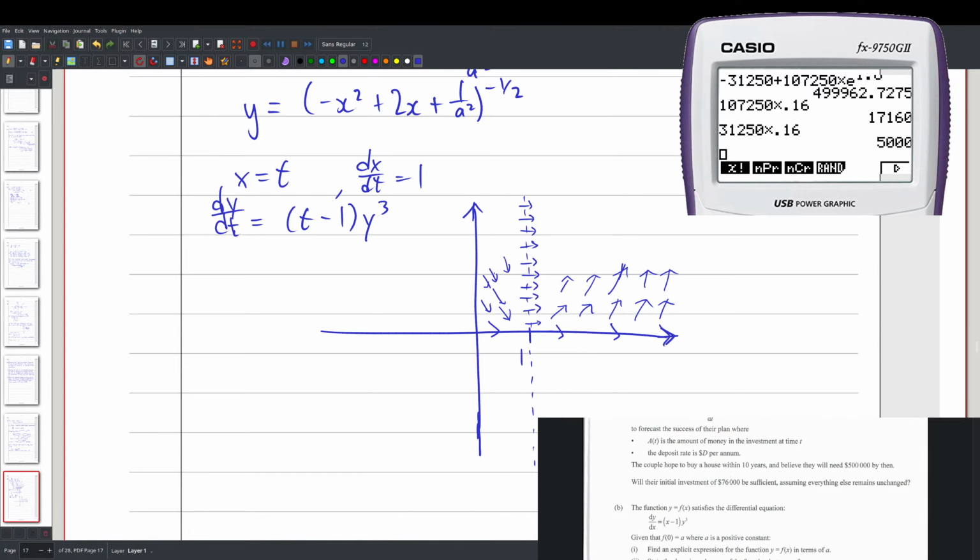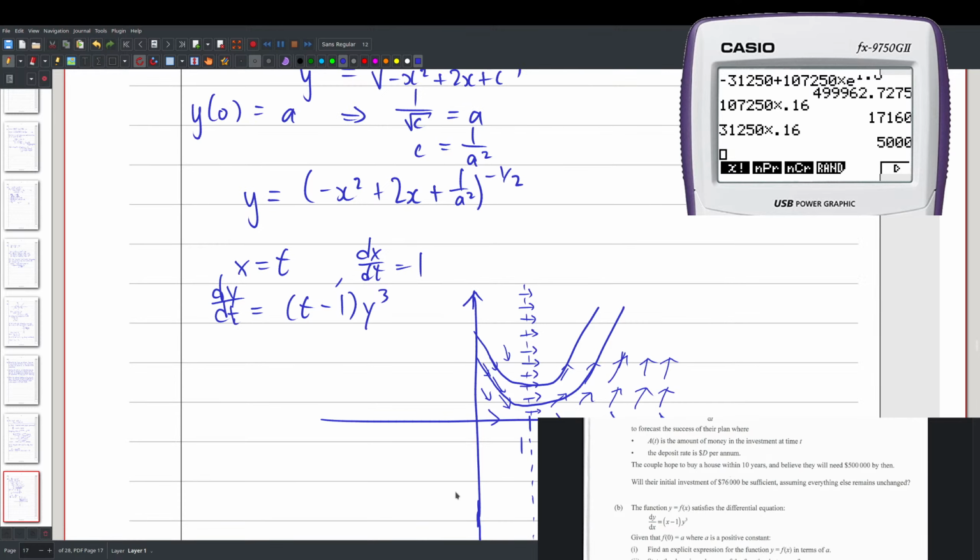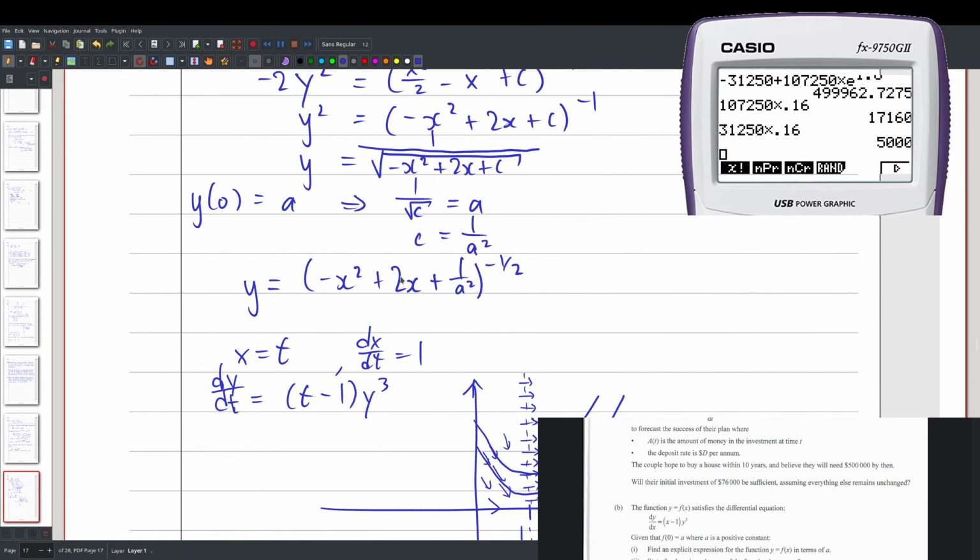So it's like that. It's some suspicious DE. There's no way the solution can be correct, right?